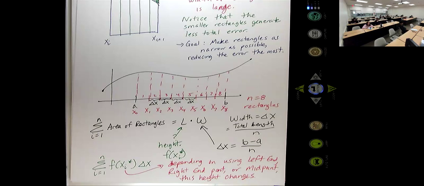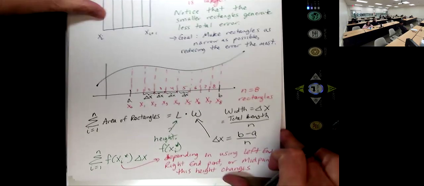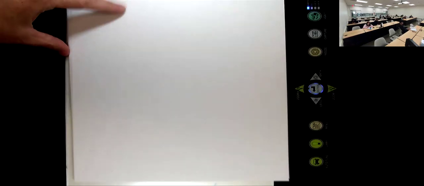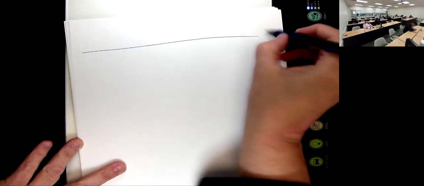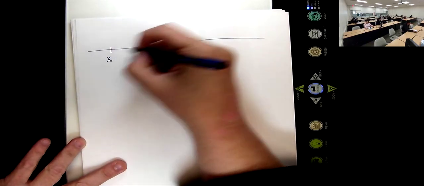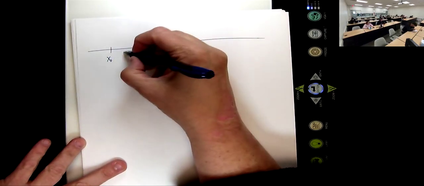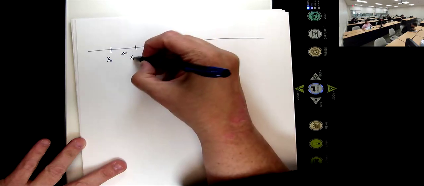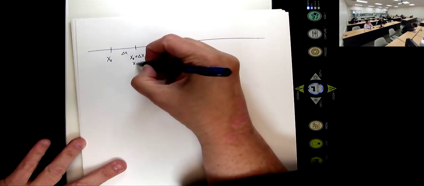So it depends on which strategy we take. Pick up again. Guys ready? So let's look at an example here. I'm gonna say this is x zero, and we go distance delta x. This is x zero plus delta x, which is x1.